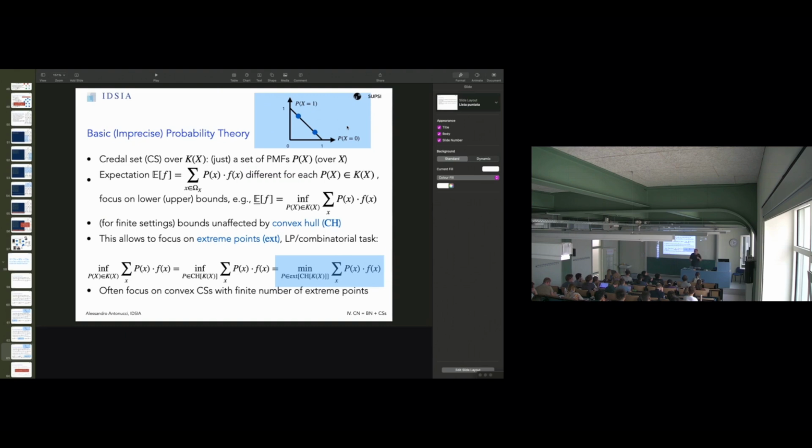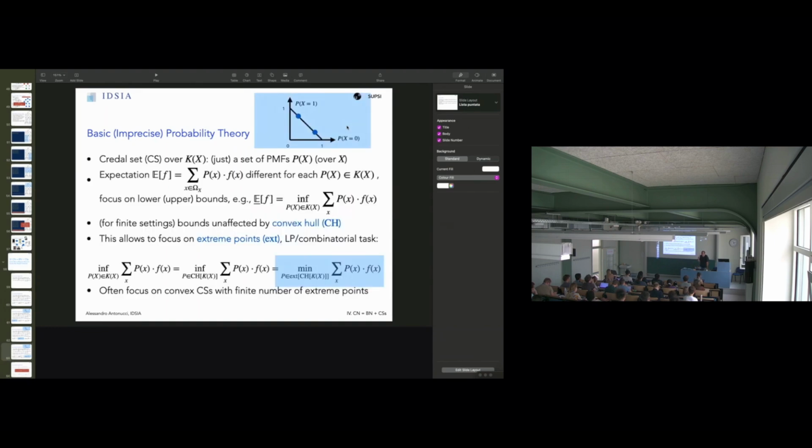These are more sophisticated models which can distinguish this kind of situation. But for the kind of inference we are interested in, which is typically computing conditional, posterior, lower and upper conditional probability or marginal probabilities, this is sufficiently general.